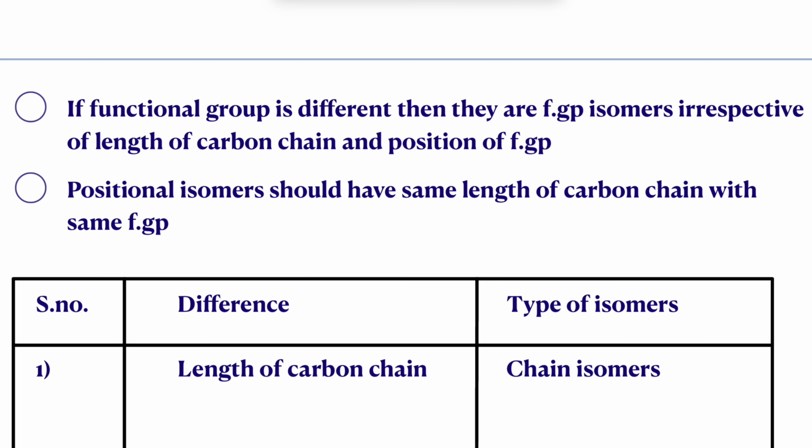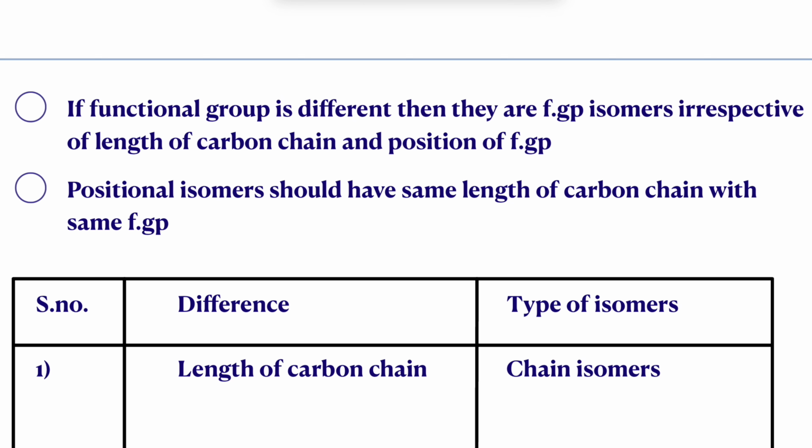Now let me give some hints on structural isomerism. The first one, if a functional group is different, then they are functional group isomers irrespective of the length of the carbon chain and the position of the functional group. First you check the molecular formula. If you find a difference in functional group, straight away you say they are functional group isomers. Don't consider the length of the carbon chain, don't consider the position of a substituent.